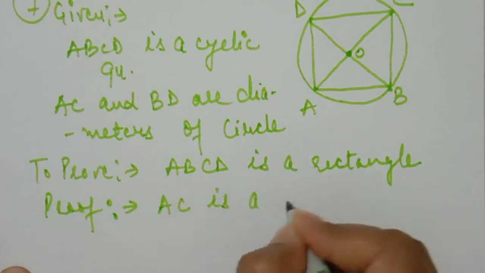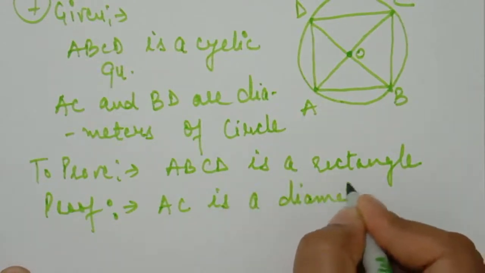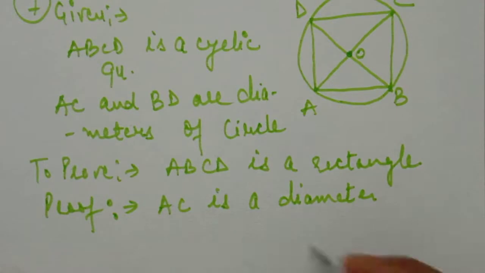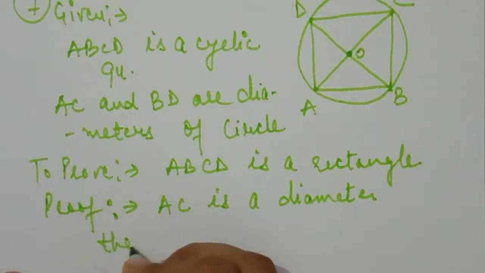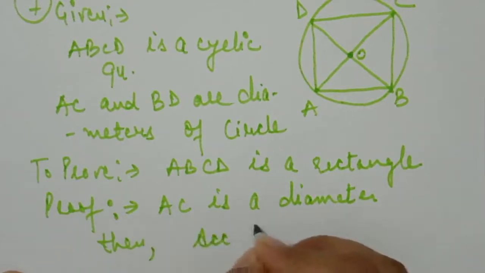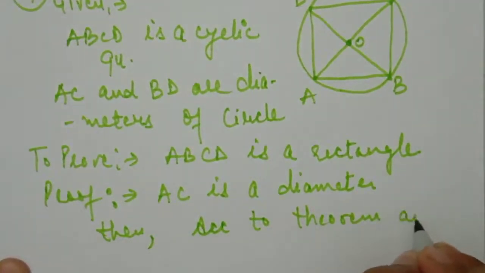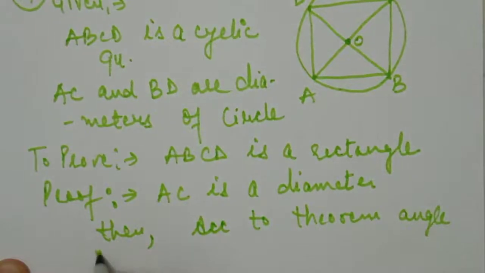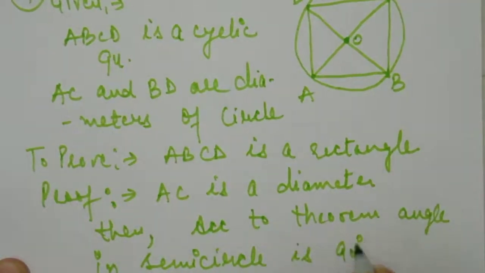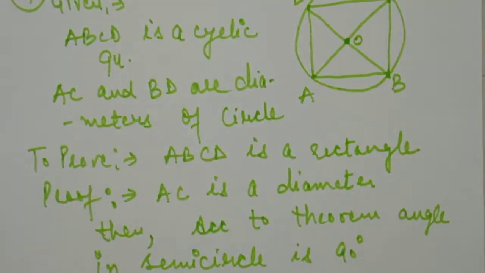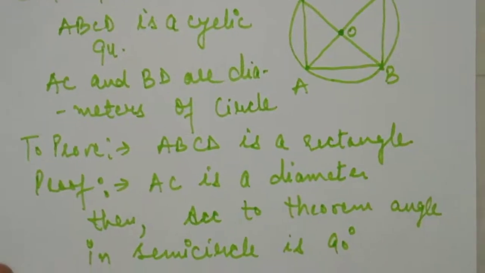AC is a diameter, correct? If AC is a diameter, then according to theorem 10.9, the angle in a semicircle is 90 degrees. If an angle is present in a semicircle, it is 90 degrees according to the theorem.